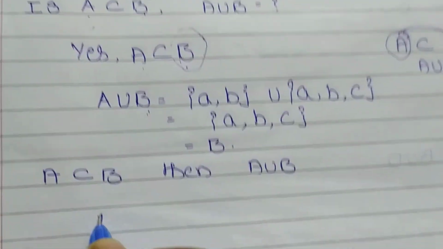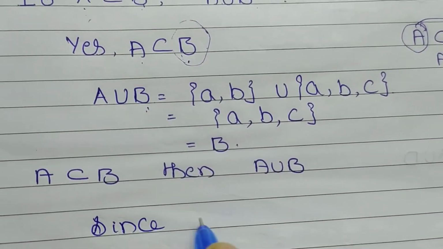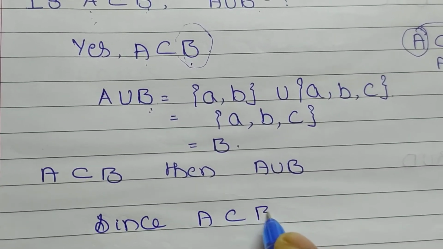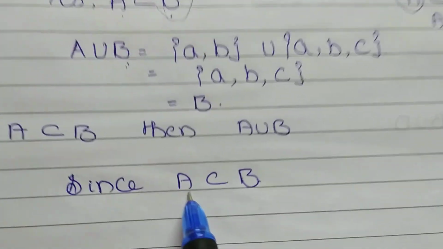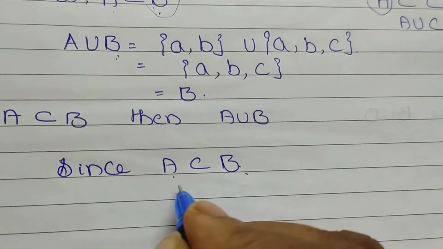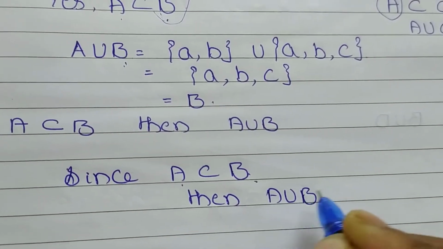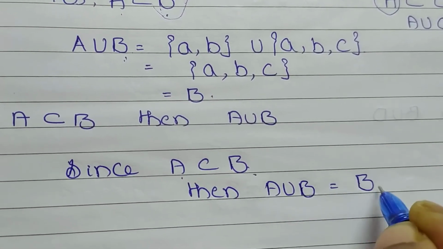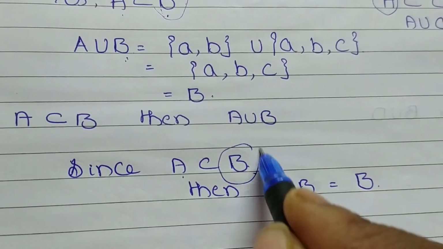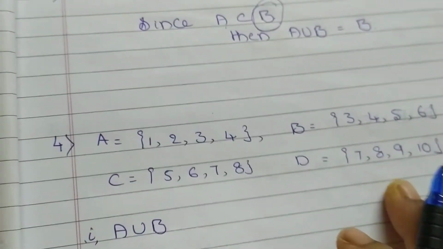Since A is a subset of B, every element of A is an element of B, so A union B will be equal to the superset, the largest set.